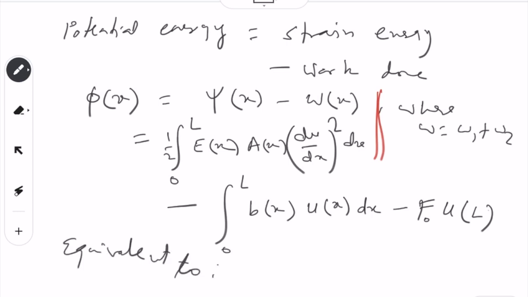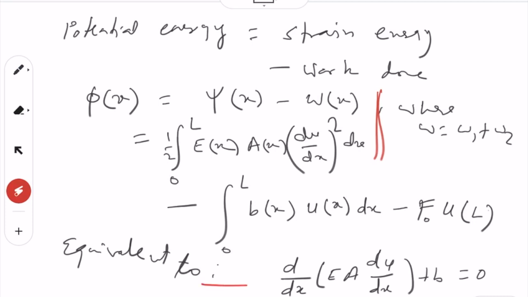Remember we had d over dx of E A du over dx plus b equal to 0, plus the boundary conditions. So this is equivalent to this equation.